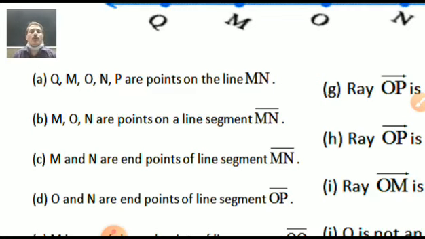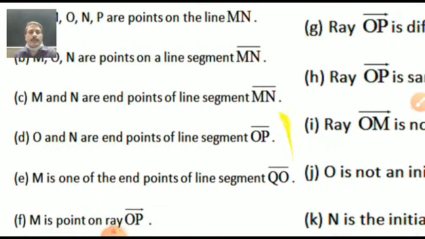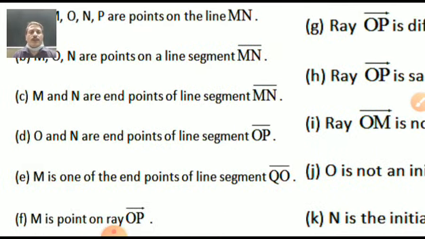D. O and N are endpoints of line segment OP. E. M is one of the endpoints of the line segment QO. F. M is point on ray OP.